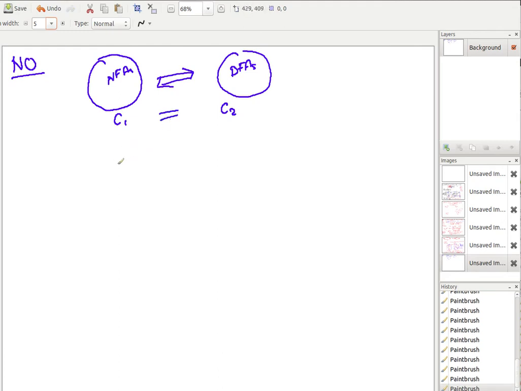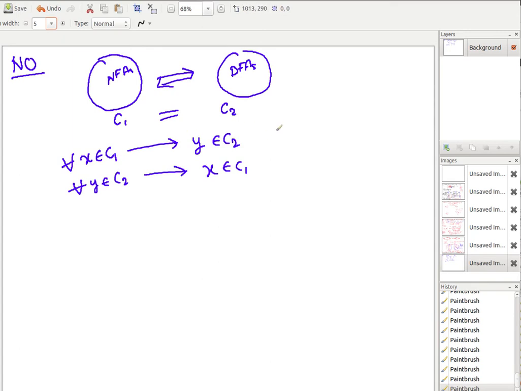I have to prove that for all x belonging to C1, I have some equivalent y in C2, and in the same way for all y belonging to C2, I have some x belonging to C1. What I am saying is that this class C1 is a subset of C2 and C2 is a subset of C1.